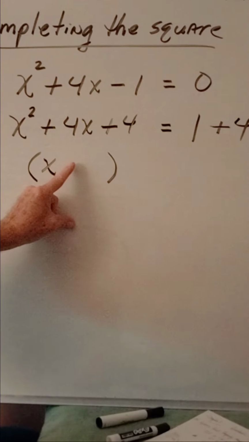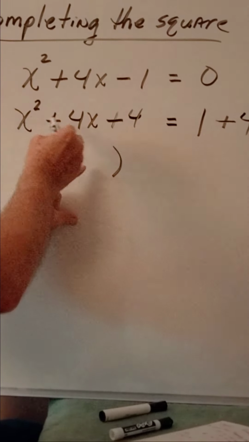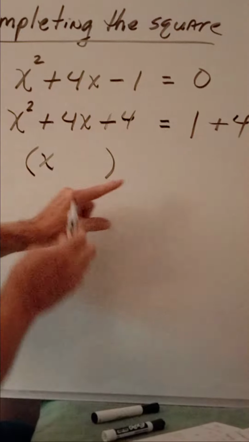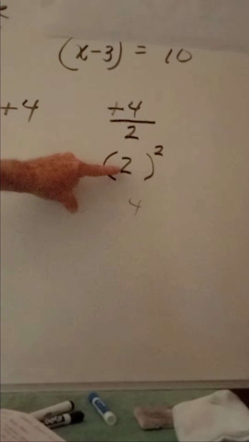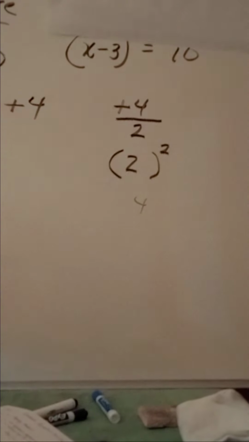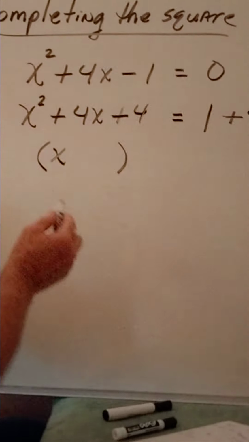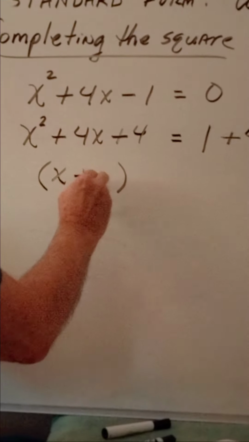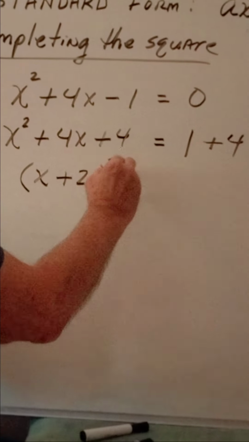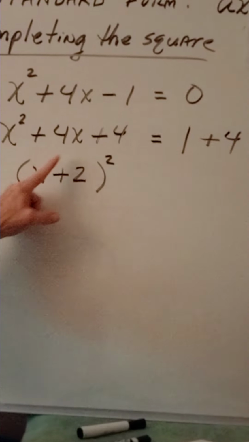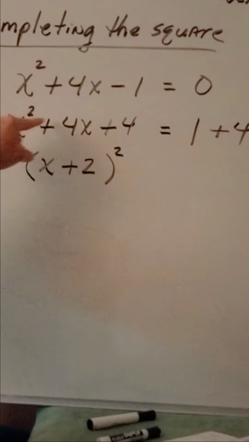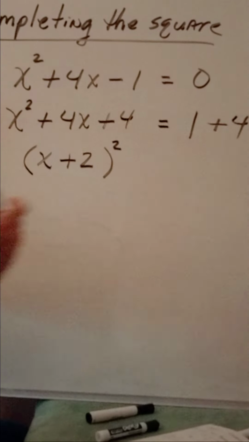And here's how we get this second term. You don't have to look at this trinomial. You go right over here and look inside this house. He's a positive 2. Whatever is in that house, that member is going to finish off this binomial. So you take that positive 2 and put it here to the second power. The quantity of x plus 2 squared is the factorization of that trinomial.